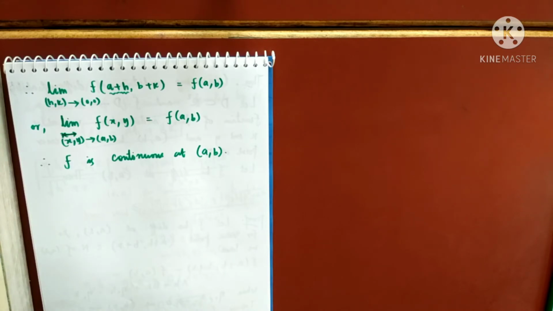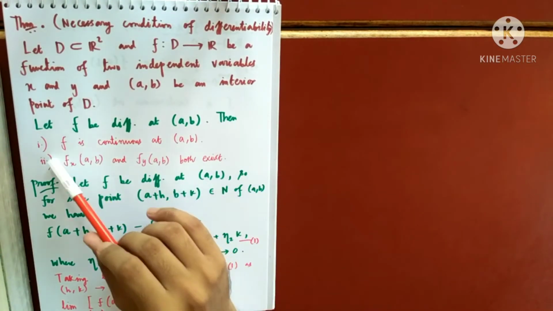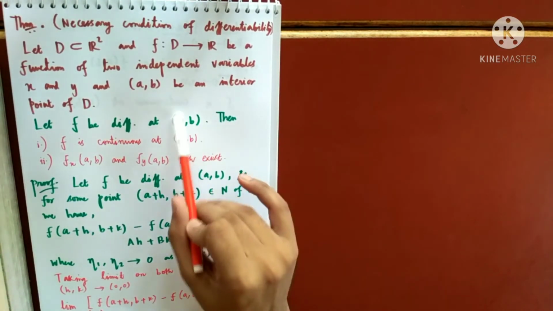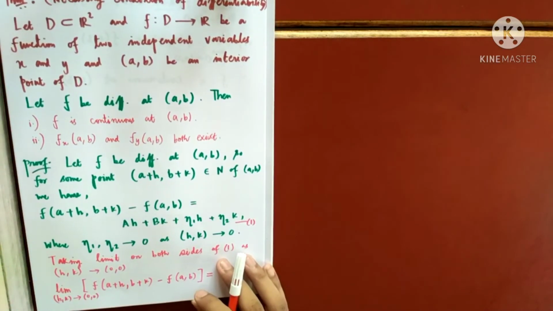Okay, but we also want to prove the partial derivatives also exist at the point a comma b. Both the partial derivatives must exist if the function is differentiable. For the second part, I will assume that the function is differentiable at a comma b and I will prove that both the partial derivatives exist.